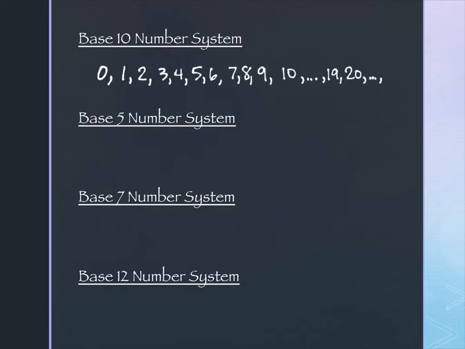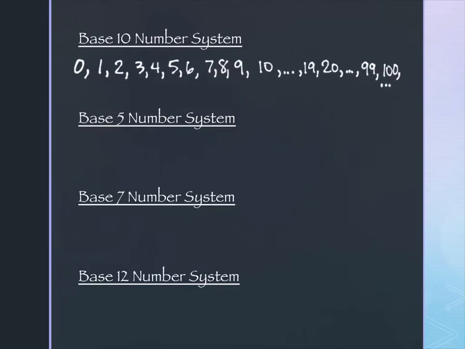What's the biggest 2-digit number we have? 99, and then we exceed again, and we go to 100. And, of course, the process continues indefinitely. It's the base 10 system you're very familiar with. But the way that our base 10 system works is the way any base system works. It's just that you run out of digits faster, or you have more digits that you get to use.